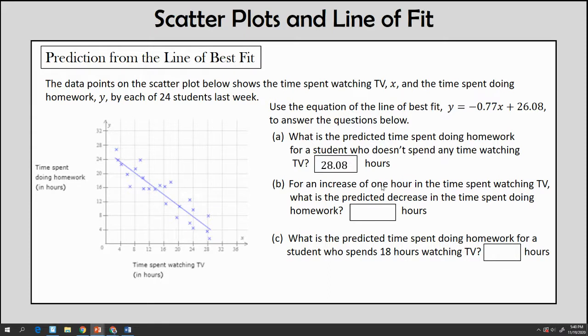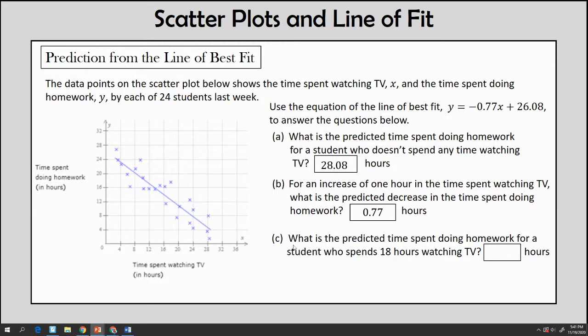For an increase of 1 hour of time spent watching TV, what is the predicted decrease in time spent doing homework? Remember, this is our rate of change. Every hour spent watching TV, we go down by 0.77 hours of getting work done. So we would predict we would go down by 0.77 hours of homework for every hour we watch TV.